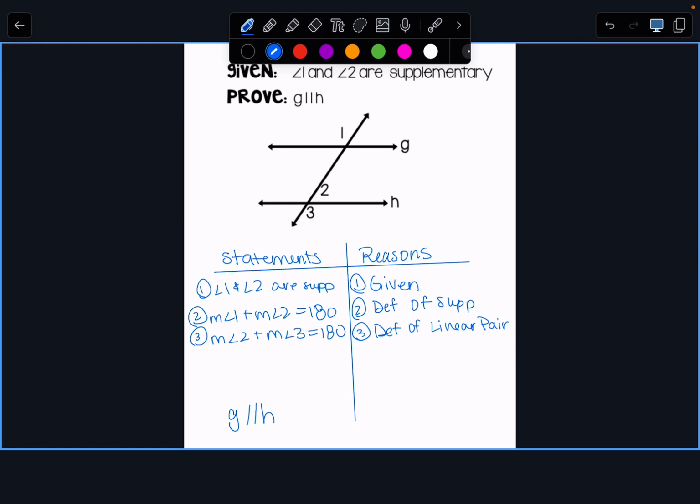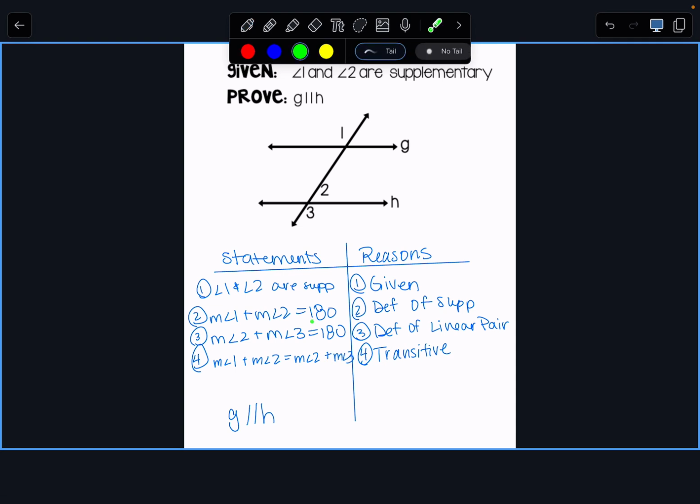Okay, what can we do? You can call it transitive, you can call it substitution. But from here, we know that the measure of angle 1 plus the measure of angle 2 equals the measure of angle 2 plus the measure of angle 3.